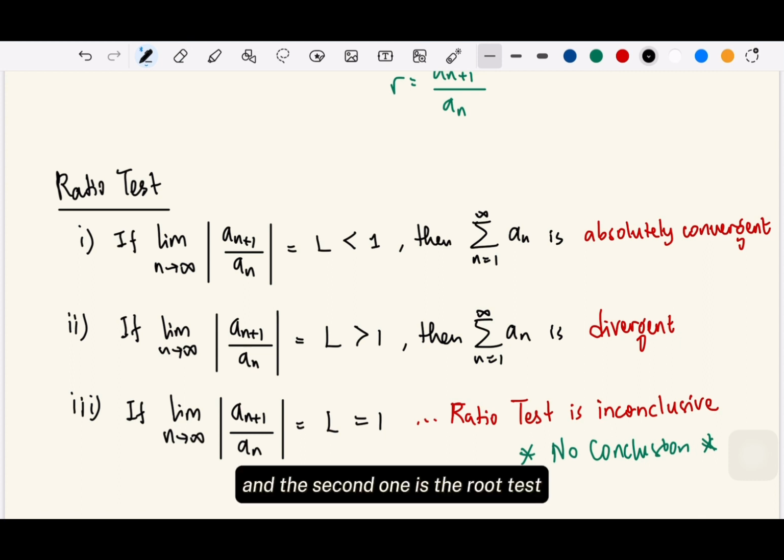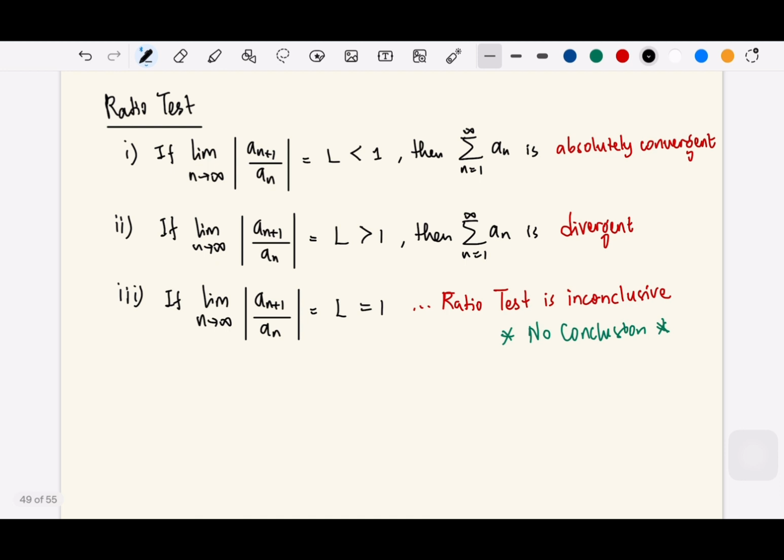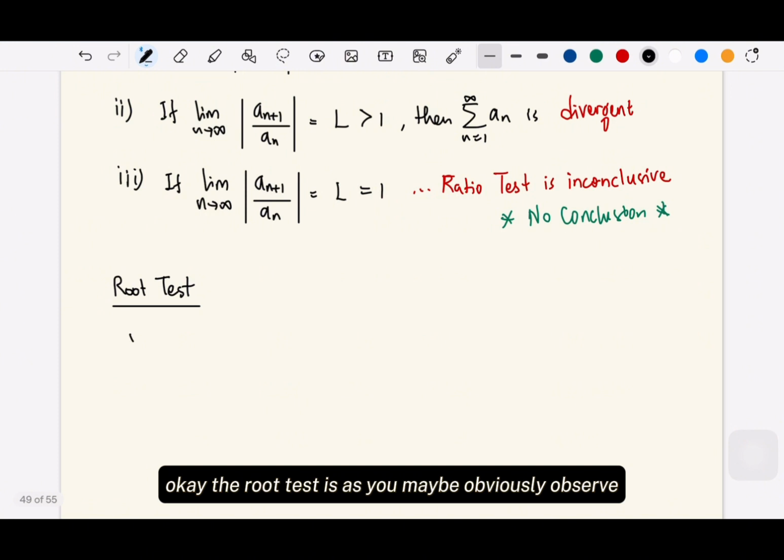And the second one is the root test. So let me give you the two test methods, because both of them are similar. The first one is the ratio, the second one is the root. Okay, the root test is, as you may observe, for when we have a series that has roots, or some component that can be taken by roots.